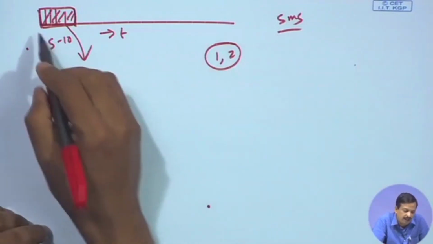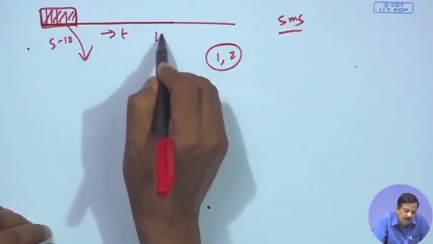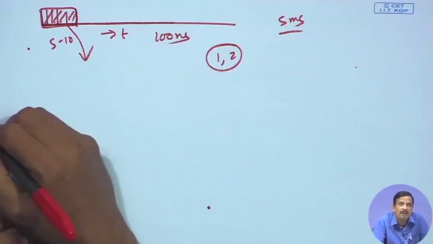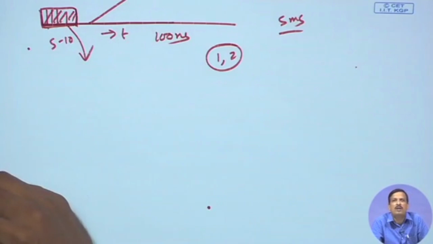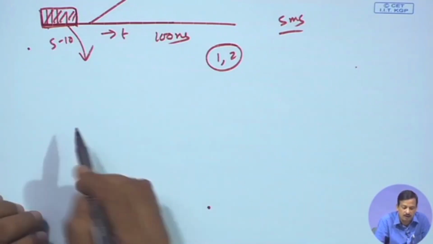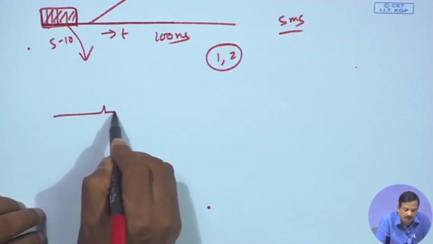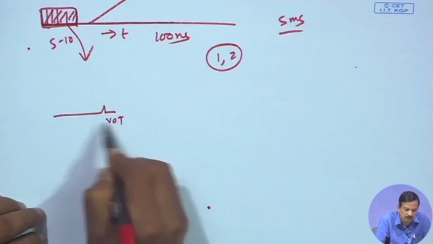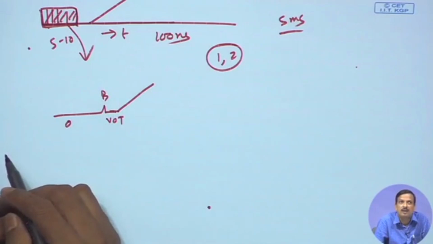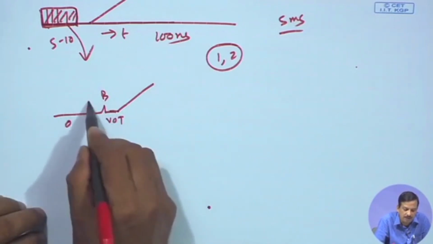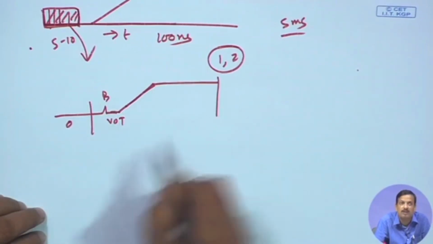Now, if I take, let us say, 100 millisecond, then what will happen? I may lose the transitory portion of a consonant to vowel transition, because speech is changing. So, let us say there is occlusion, burst, then VOT, transition. Now, if I take 100 millisecond, my window may fall around here.